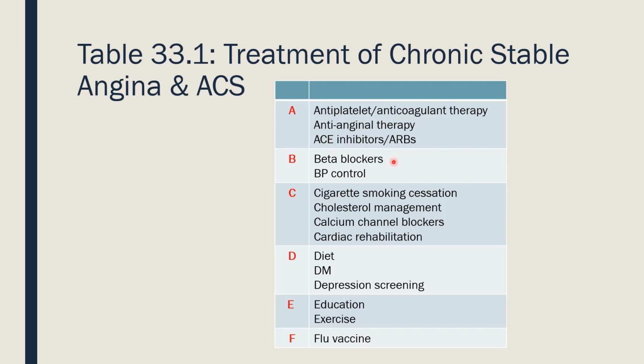So those are the things that we give. In addition to that, because if the patient has narrowing of the coronary artery, there's a chance that clots might build up. So that's why we also give them antiplatelet or anticoagulant therapy like aspirin, or warfarin, okay, to prevent that clotting.